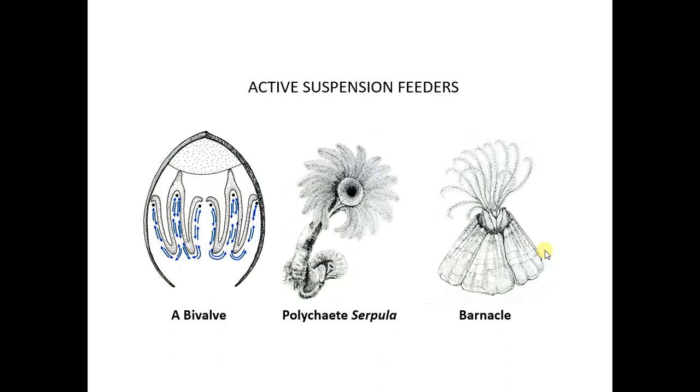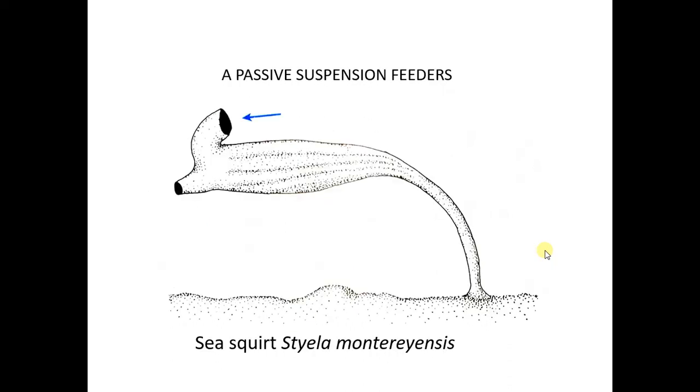That means that they are active. Unlike the passive ones, they just stay in the water column, position themselves in the direction of the current flow, and then food materials flow in and get ingested.